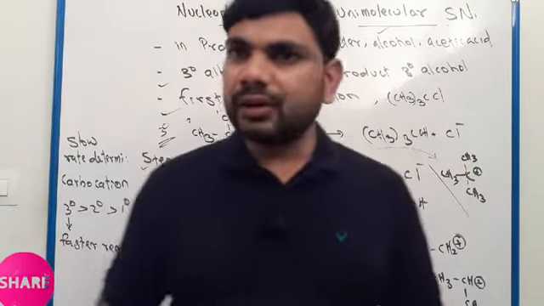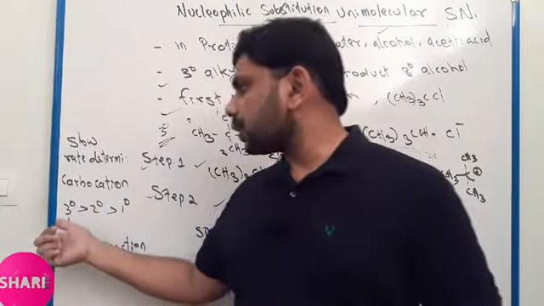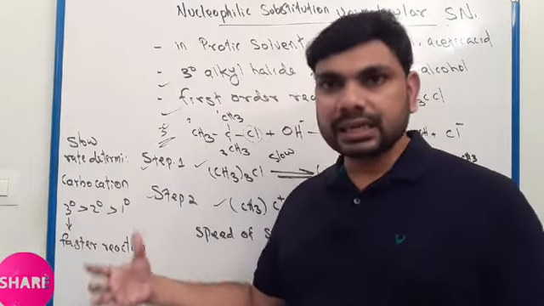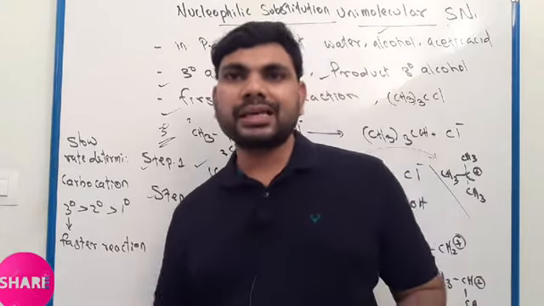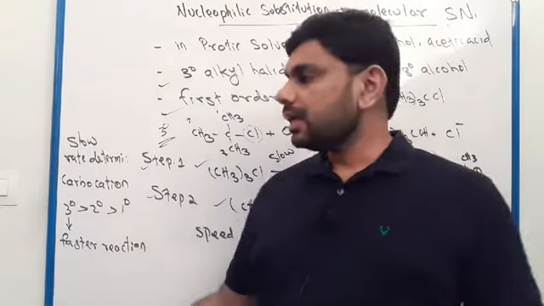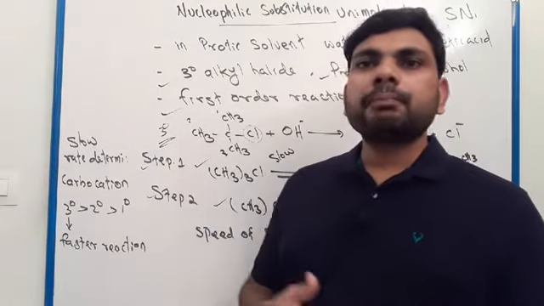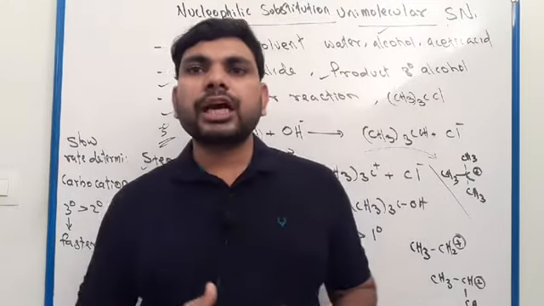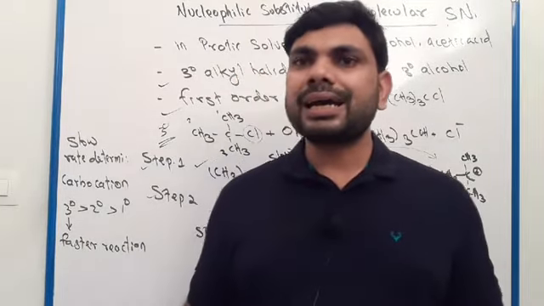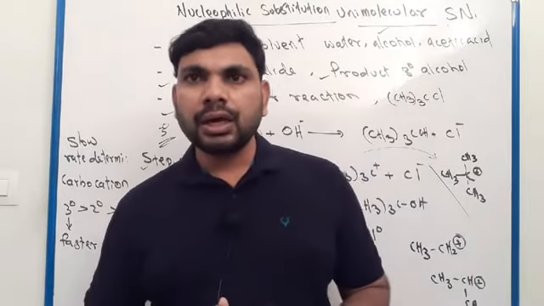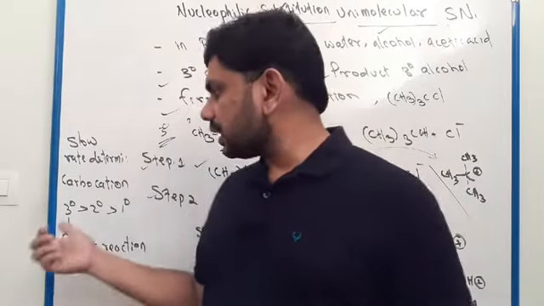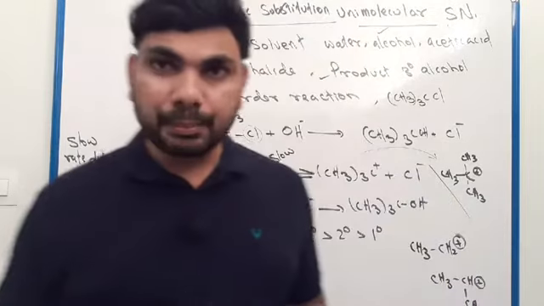In grade 11 we learned that tertiary carbocation is more stable than secondary carbocation, which is more stable than primary carbocation. You can revise grade 11 organic chemistry once again, then you can check back on this. So tertiary carbocation is more stable.